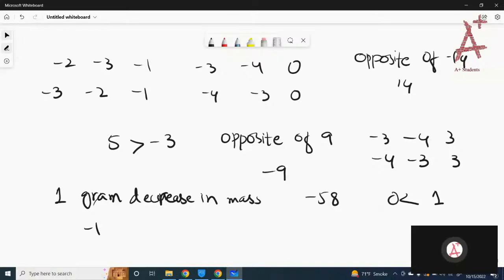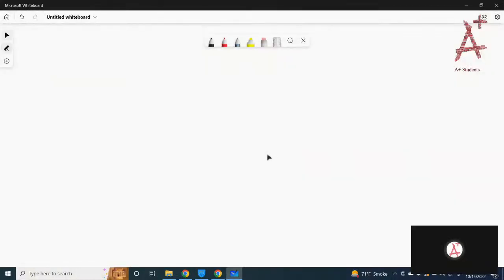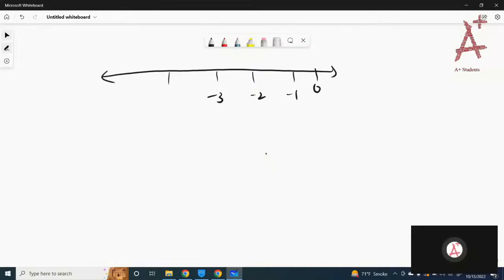Okay, type the missing number. You are given a number line, you have to find the missing number. 0, -1, -2, -3, -4, and -5. Which number is missing?